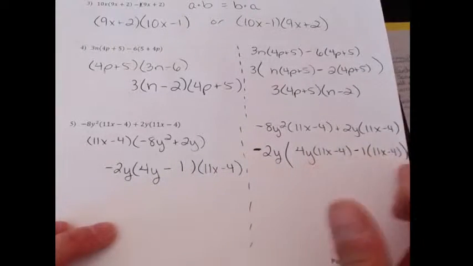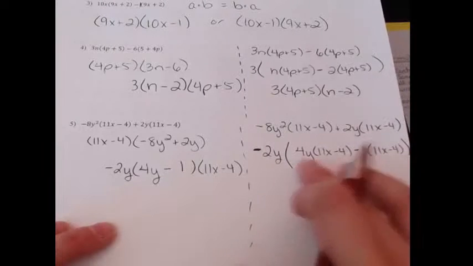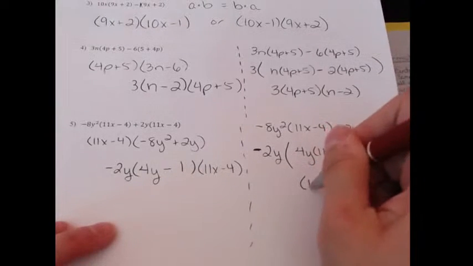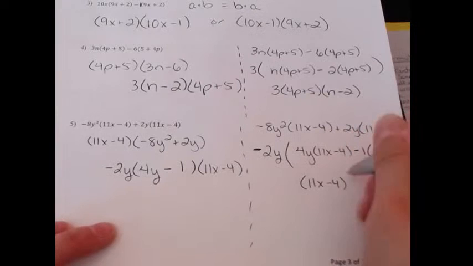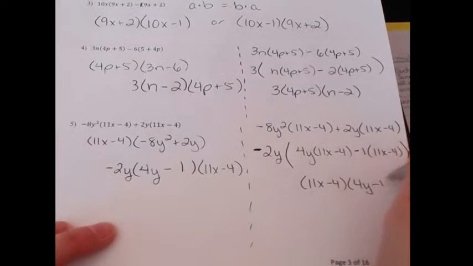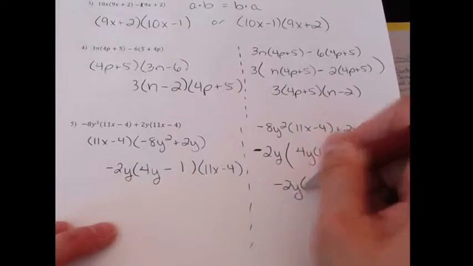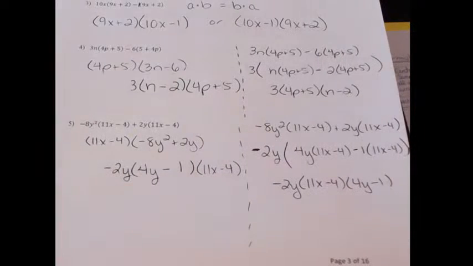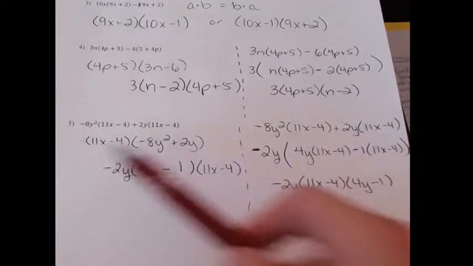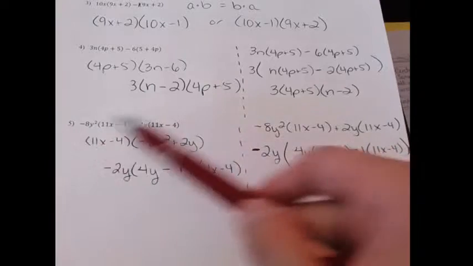Finally, I can say, well, let's factor what's inside the parentheses further. We can take the 11x minus 4, factor it out of both terms, and you're left with 4y minus 1. Bring down the negative 2y, and you're finished. Okay, a couple different perspectives. I kind of feel like most of you are going to lean to this format, which is totally cool.